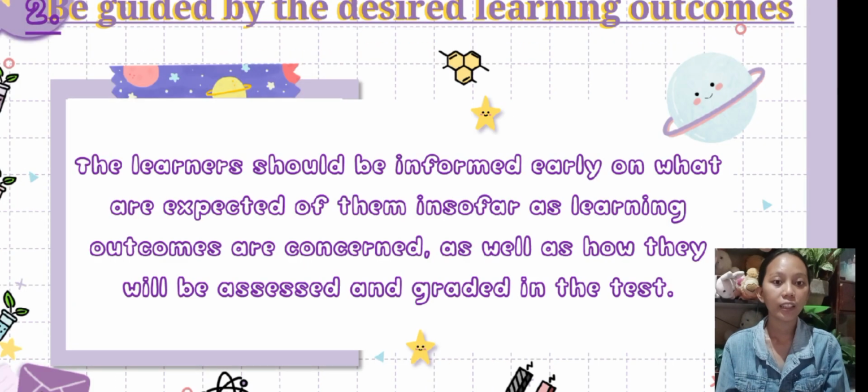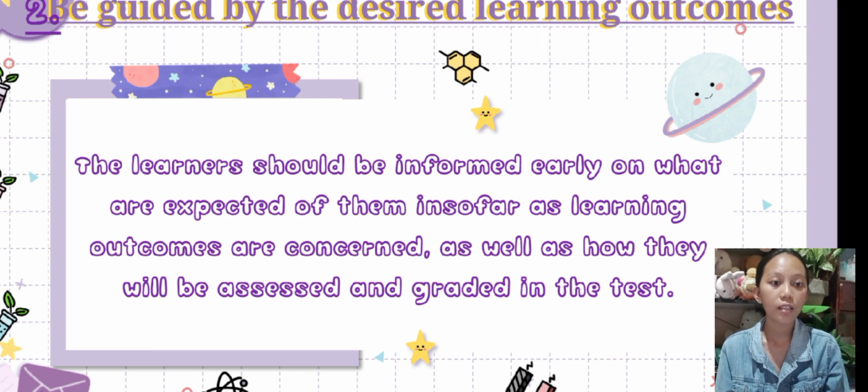The second guideline is be guided by the desired learning outcomes. The learners should be informed early on what is expected of them insofar as learning outcomes are concerned, as well as how they will be assessed and graded in the test. Such information can be disseminated through the course syllabus or during course introduction.